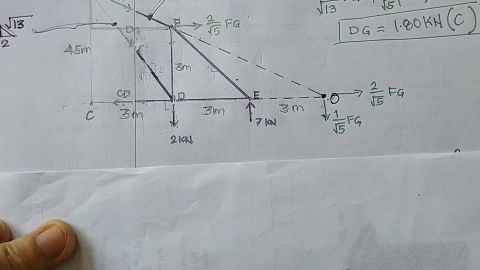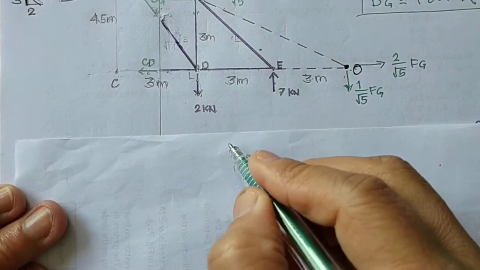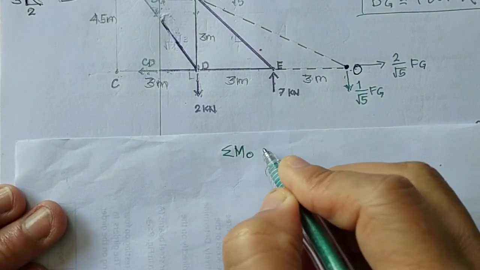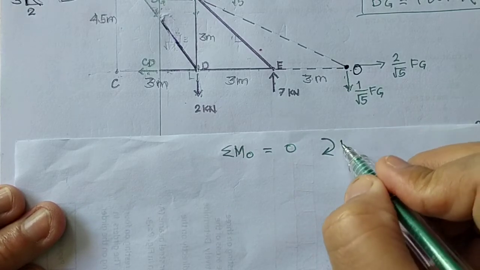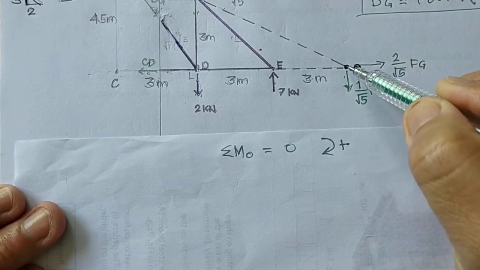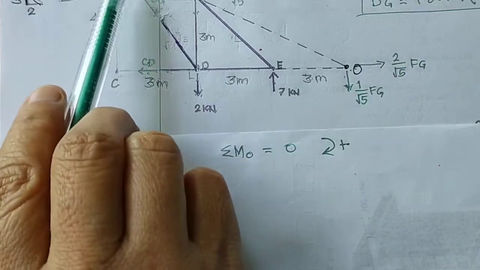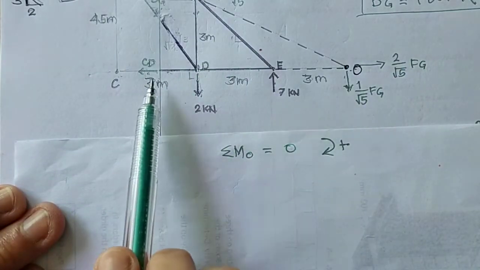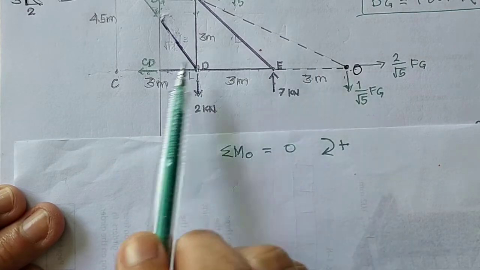Or for finding DG, we can also use summation of moment at point O. So let us try. Summation of moment at point O equals 0, counterclockwise moment positive. Concurrent FG, so this is 0. Another concurrent force is CD, so this is 0.